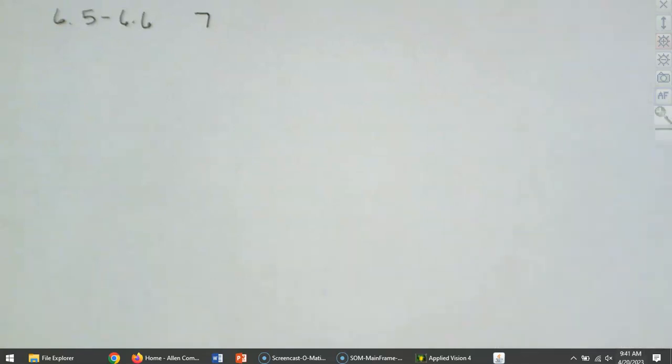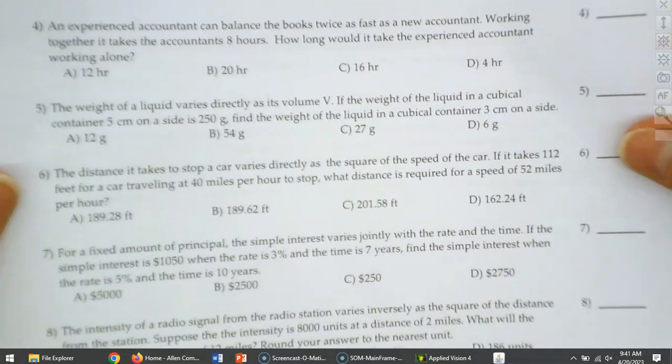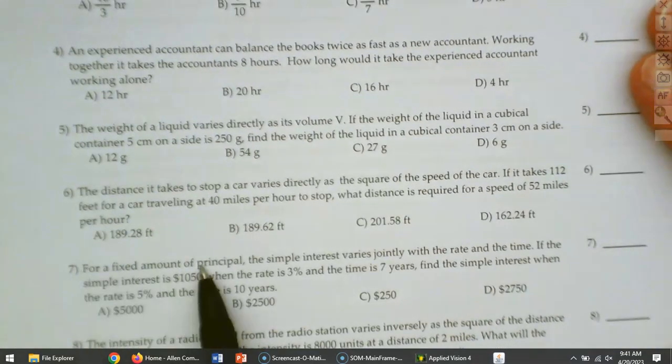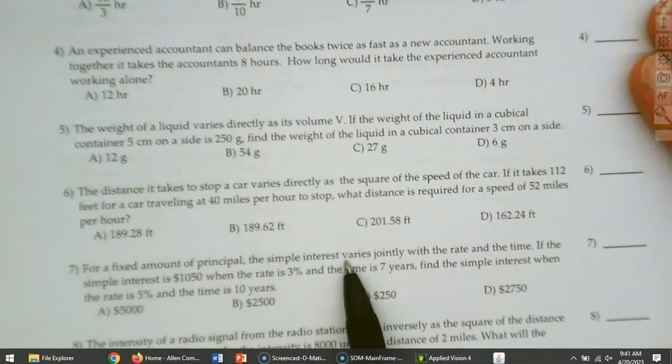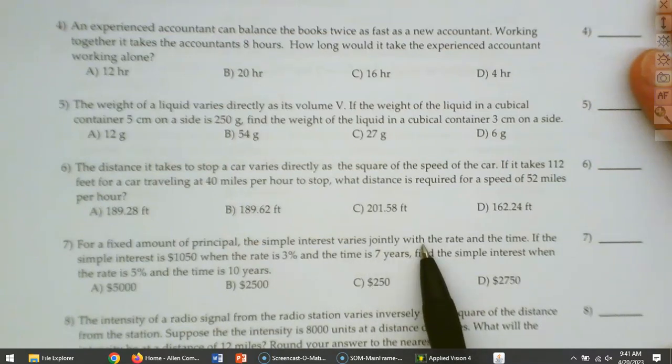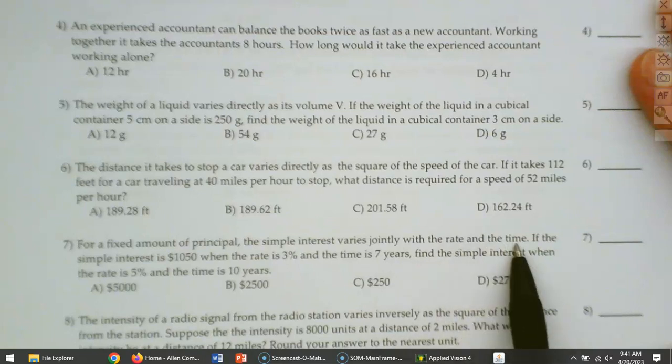So let's go ahead now and look at question 7, and this is over variation. It's going to be a variation question, and it says, for a fixed amount of principal, the simple interest varies jointly, and jointly just means you have multiple variables going together, with a rate and a time.